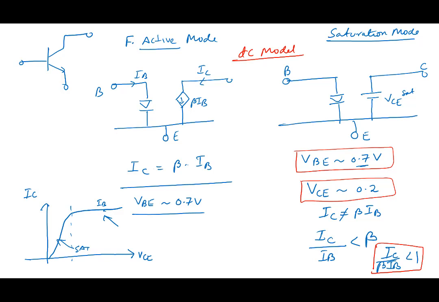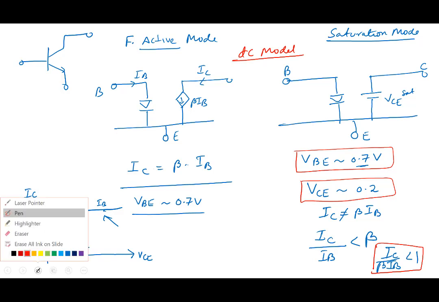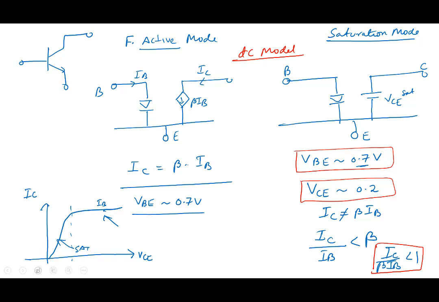All right, so let's apply these models then. Let's look at the application here. Let's take a simple circuit and put it to ground. VCC equal to 5 volt.